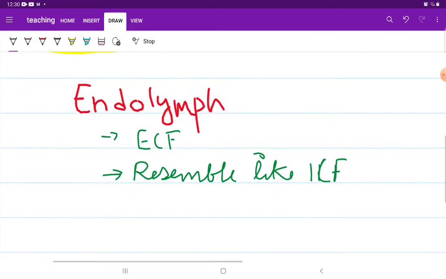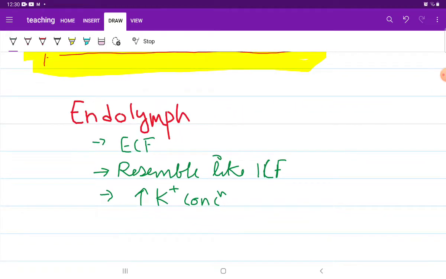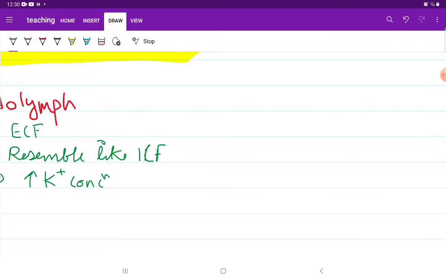Why? Because of the presence of high concentration of potassium. So endolymph is an extracellular fluid which resembles intracellular fluid due to the presence of high potassium concentration. Mostly endolymph is present in our ear, in the cochlear region.